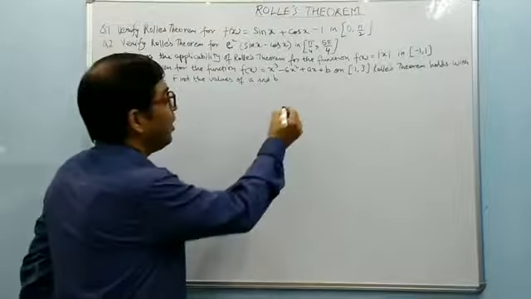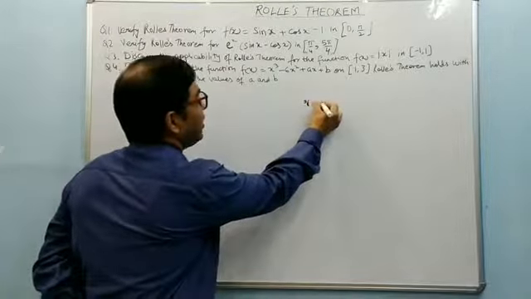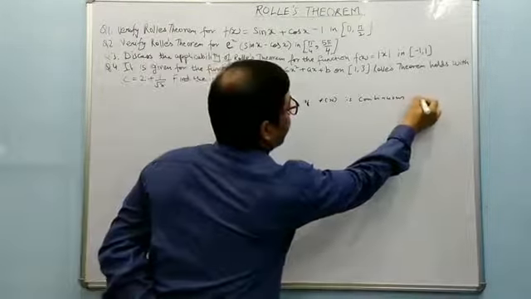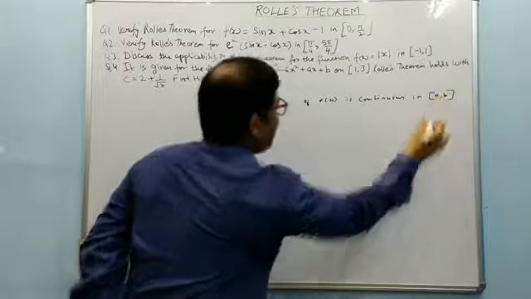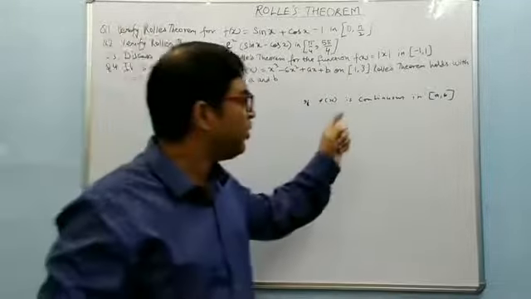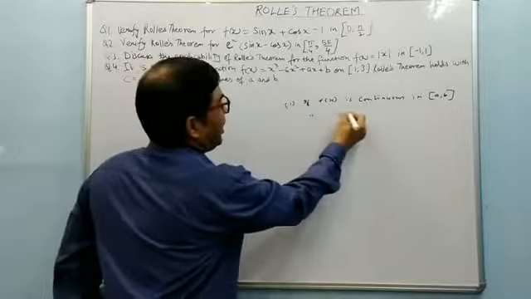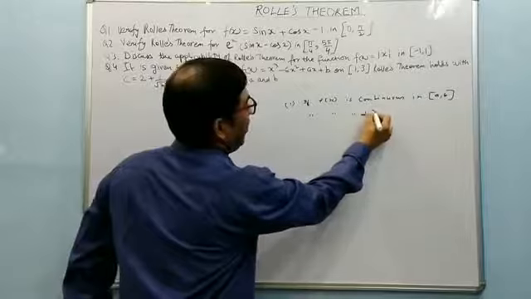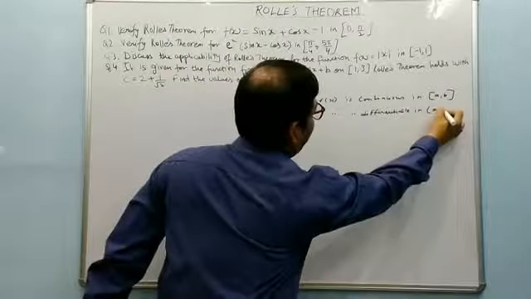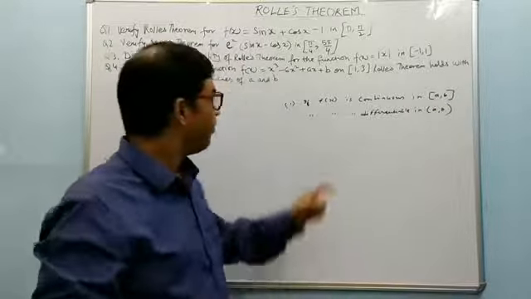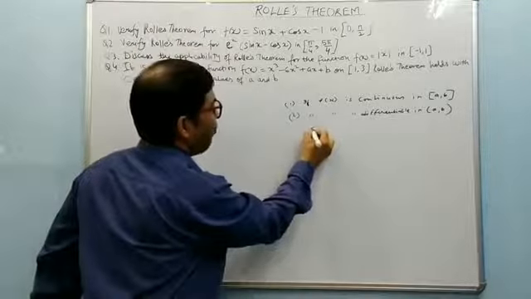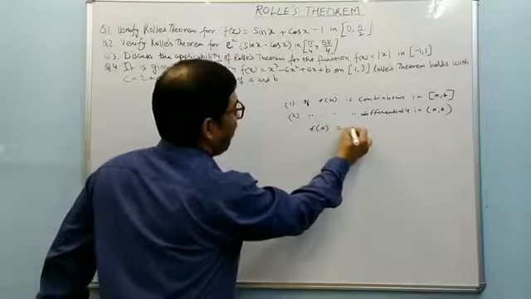See here. If a function is continuous in the closed interval a comma b, if the function is differentiable in the open interval a comma b, and f(a) is equal to f(b).